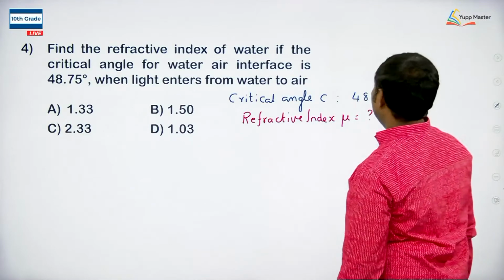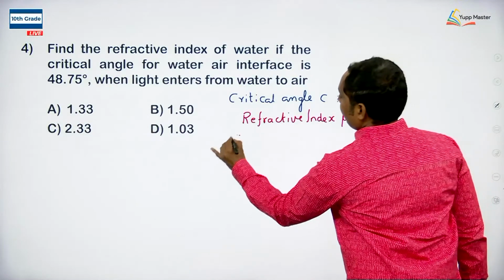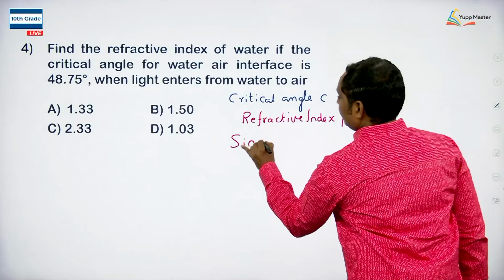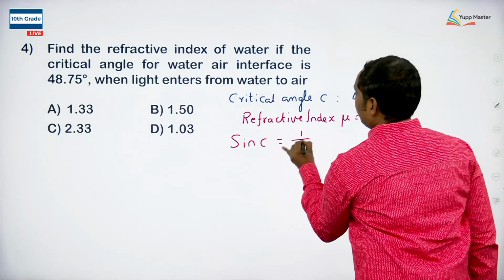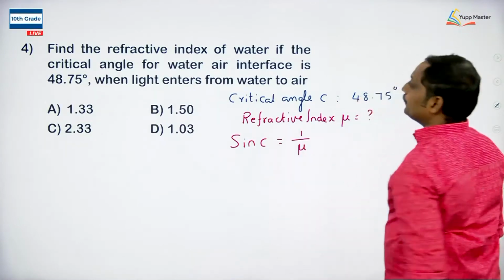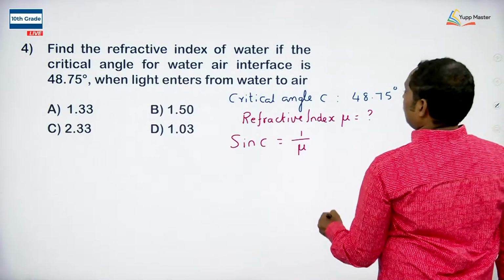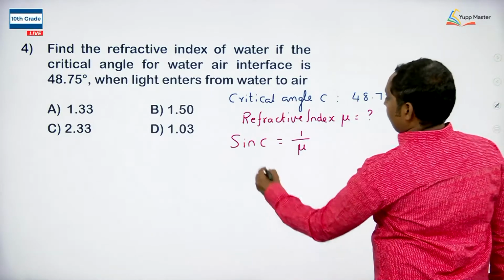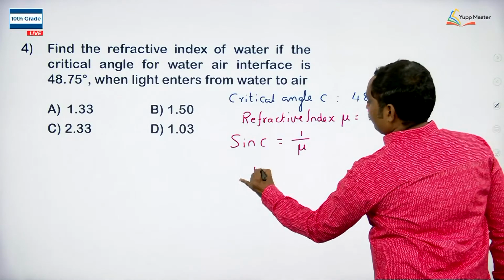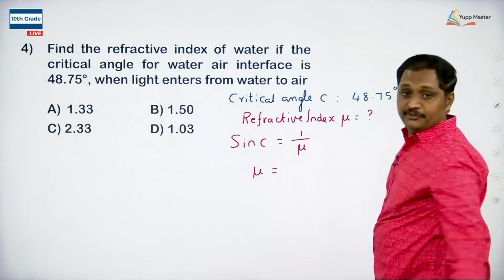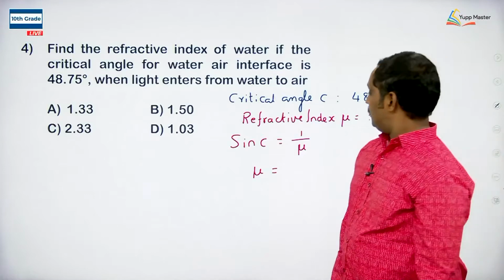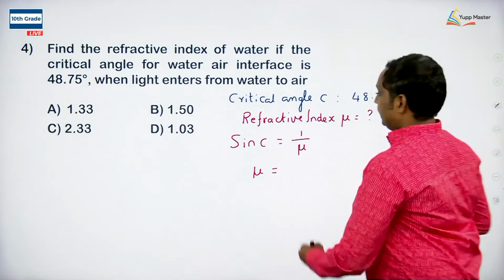By knowing the relation sin C is equal to 1 by mu, we have to take mu is equal to 1 by sin C.